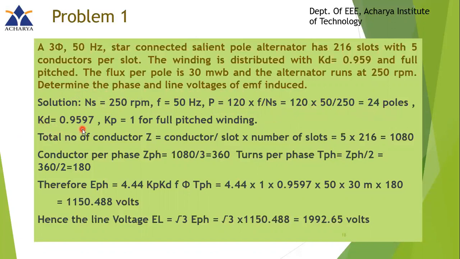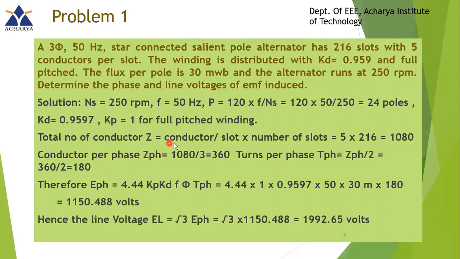And distribution factor is given. And they have given you full pitch winding, right? So Kp value is 1. Total number of conductors Z we need to find out, because they have given only the number of slots and the information about conductors per slot.